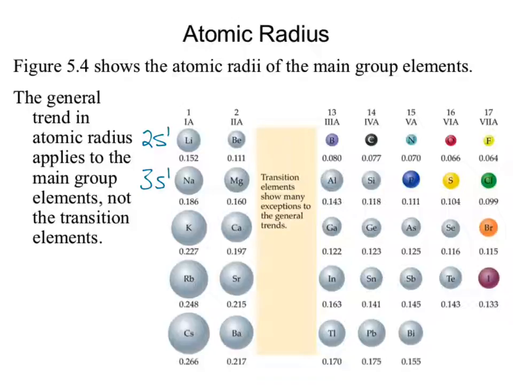Yes. Okay. When we move from lithium to beryllium, what happens? The electron's located in the 2s orbital. Okay. Well, if it's in the 2s orbital, is that further away from the nucleus or closer to the nucleus? It's the exact same space. What else changes now?